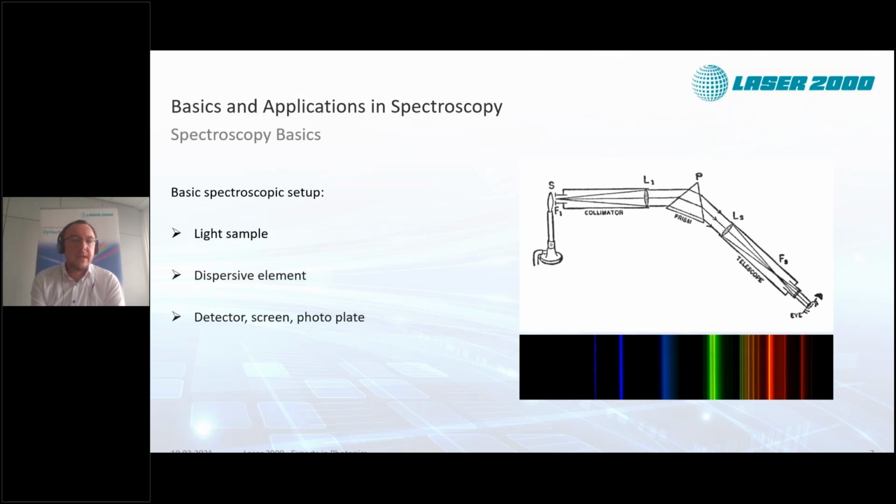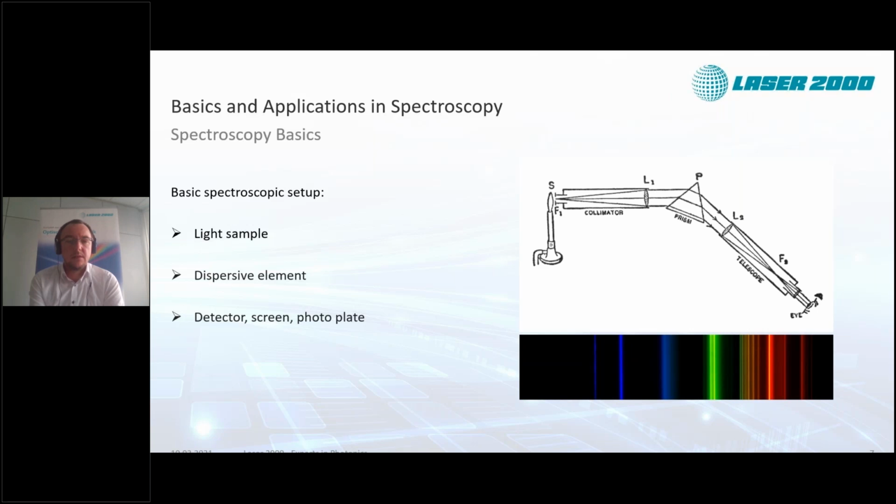When we look at a basic spectroscopic setup or a spectrometer setup, there are three things that you always have to perform a spectroscopic measurement. You need a light sample or a light source, so something that you want to disperse and detect. The second point is a dispersive element like a prism or a grating.